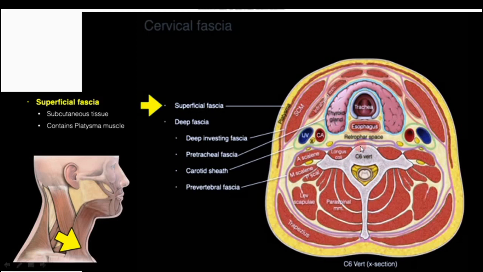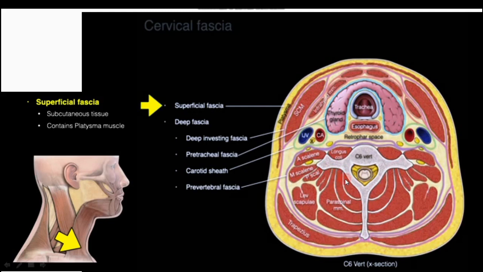Anterolateral to this body is the prevertebral muscle, and adjacent to this are the paravertebral muscles: scalenus anterior, scalenus medius, scalenus posterior.